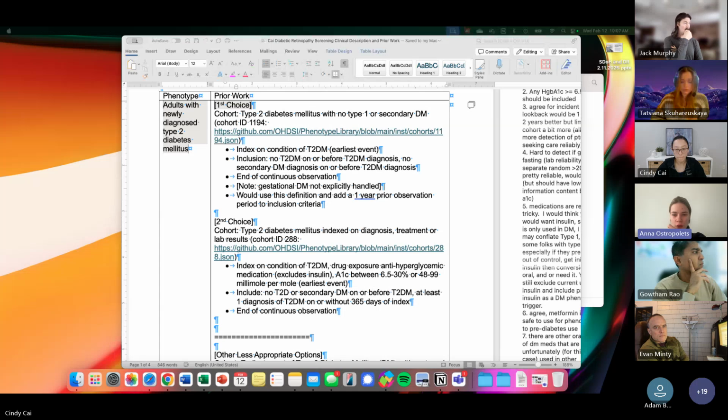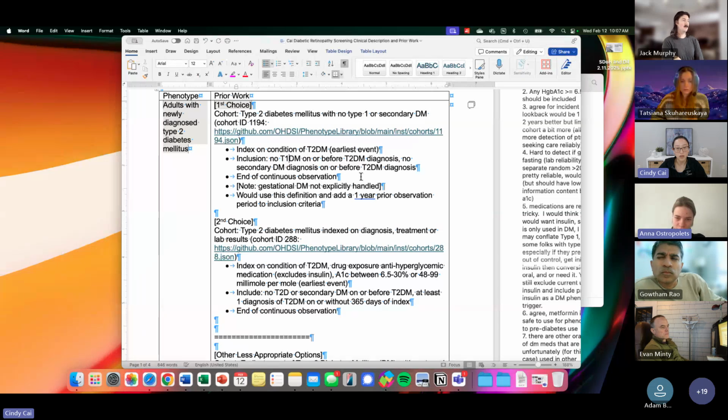So I would, yeah, and I'm looking through these again. What the first one focuses on is, as you can see, it indexes on condition of type 2 diabetes, and then for inclusion, they exclude patients with prior diabetes diagnosis, secondary diabetes diagnosis, and prior type 2 or secondary.